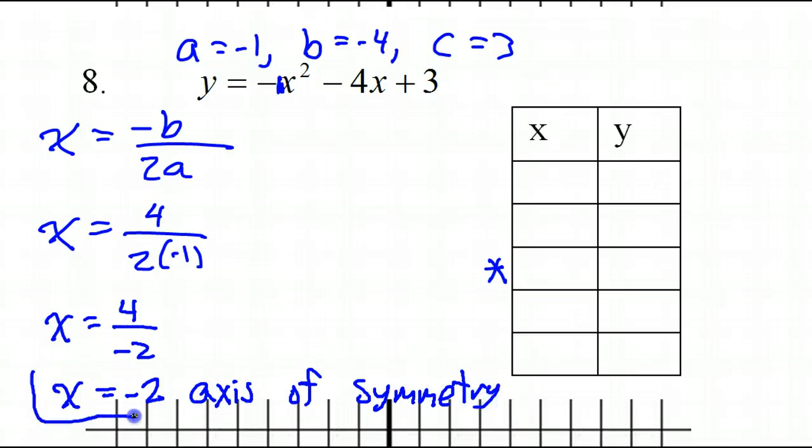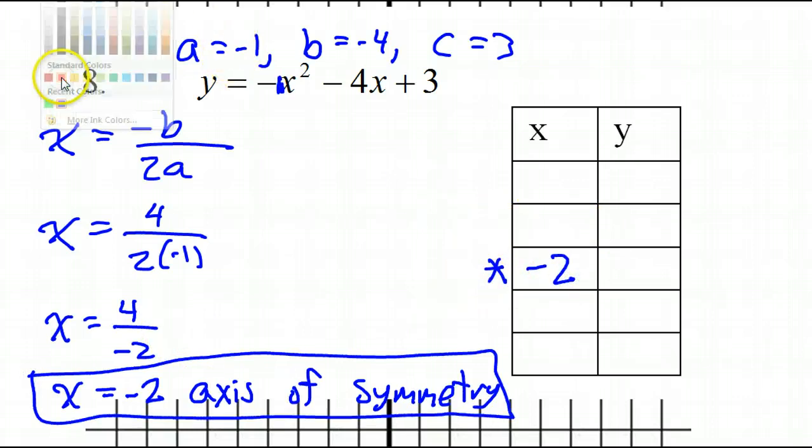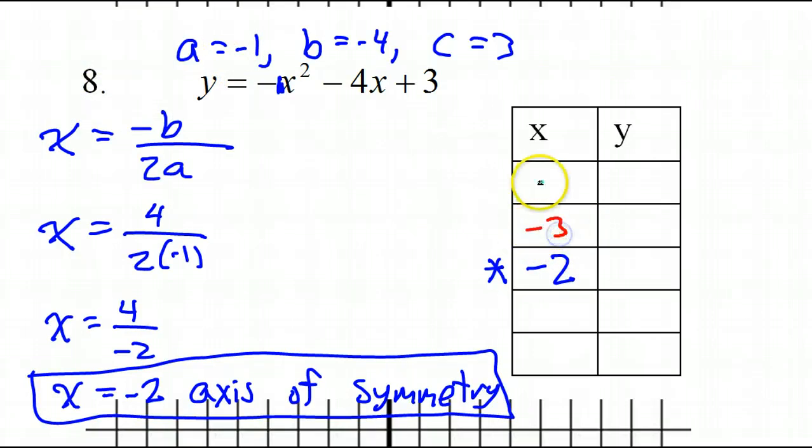It's one of the special things we're supposed to find. That also means the x-coordinate of our vertex is right there. If we have -2 in the middle, then going less than that should be -3 and -4. Going greater than that should be -1 and 0.